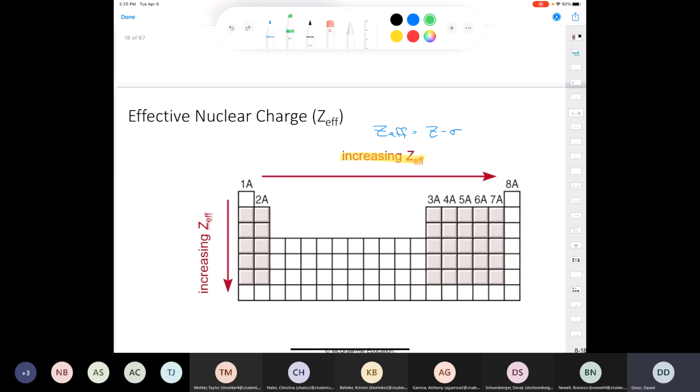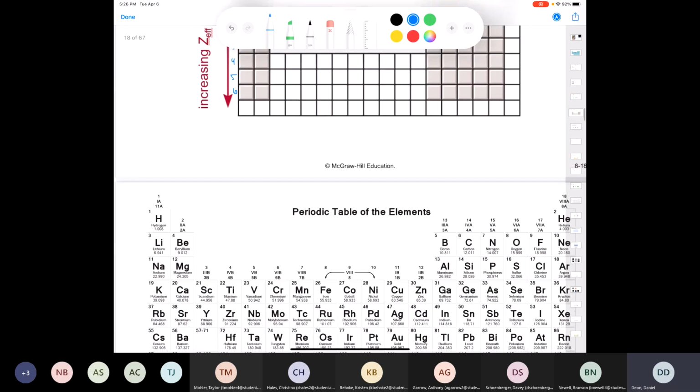Atomic size actually increases going down a group, and it makes sense because you're increasing the principal quantum number, right? You're going from n equals 1, 2, 3, 4, and so the shells are getting so much bigger that even though the effective nuclear charge increases, the size of the atoms still gets bigger.